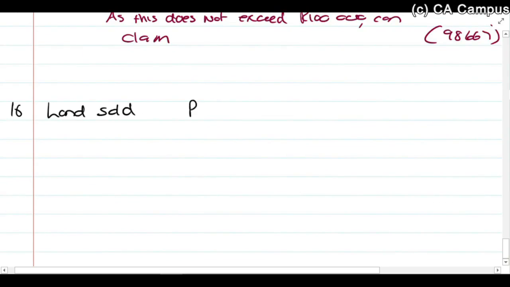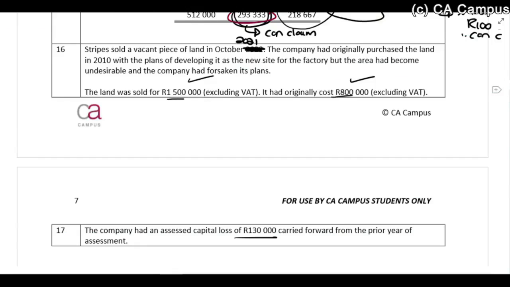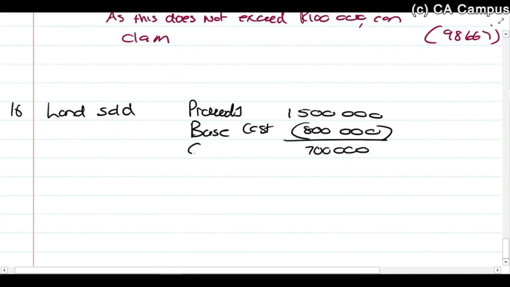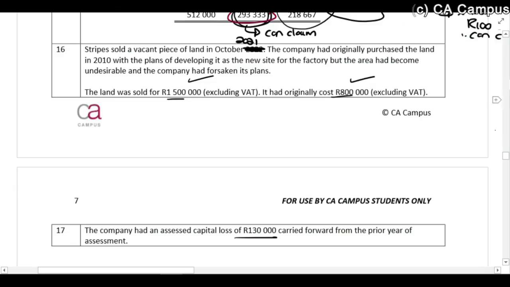Land sold, we've got proceeds, we've got the base cost, there's no recoupment because there's no allowances. 1.5 million minus 800,000 is a 700,000 capital gain. That capital gain goes into our CDT column. That's it. Then number 17 is the assessed capital loss of 130,000.